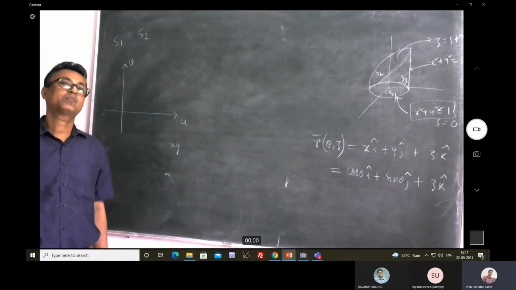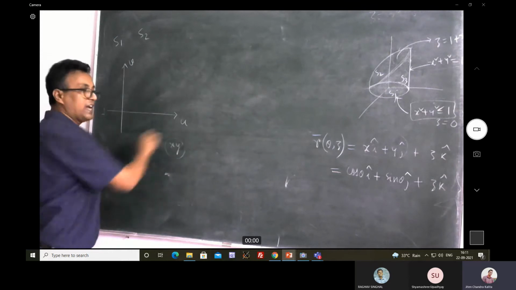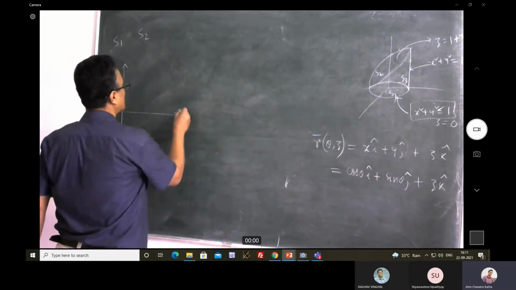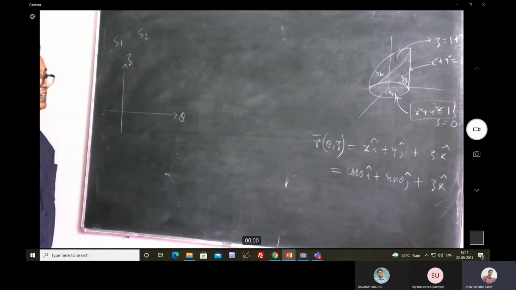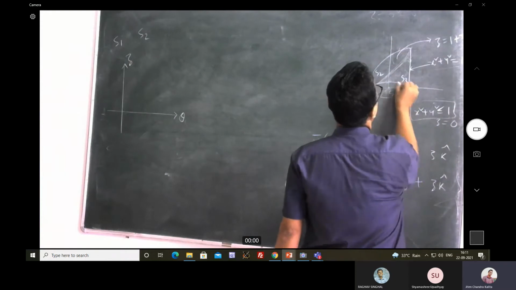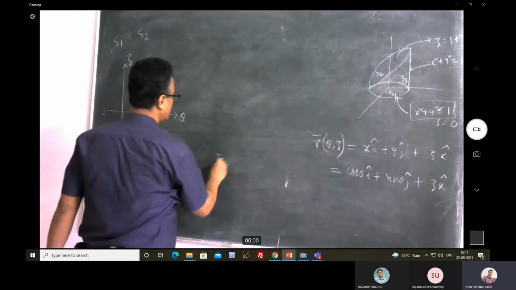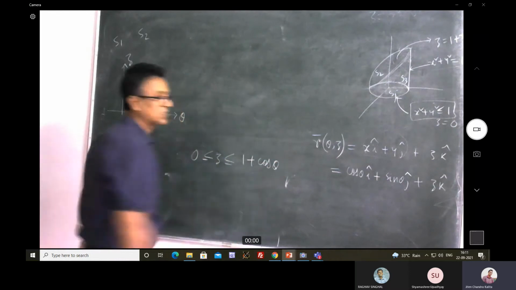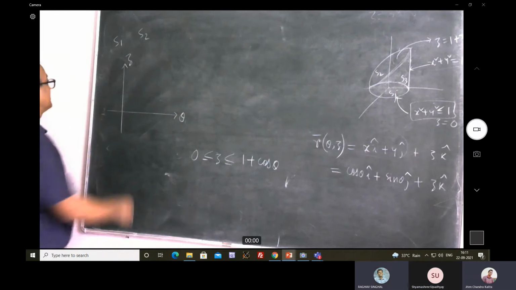Although later on we converted them into polar coordinates, basically we were considering x, y. But now in this particular case we are considering theta, z. And what is the extent of z? Here z goes from 0 to 1 plus x, so that means z lies between 0 and 1 plus cos theta. Is it okay?